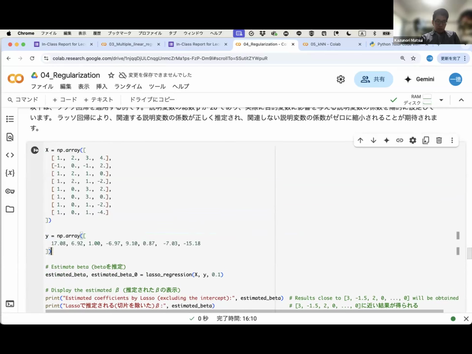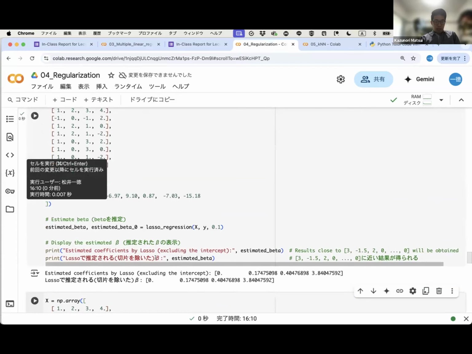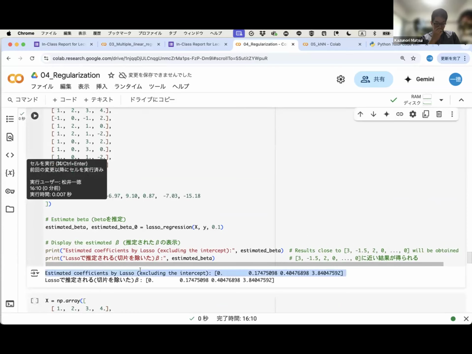If we run lasso regression, we get the result like that. So we get the result showing that the coefficient for the first explanatory variable is largest. Therefore, when asking which explanatory variable is most important for explaining the objective variable, the natural answer is the first one.